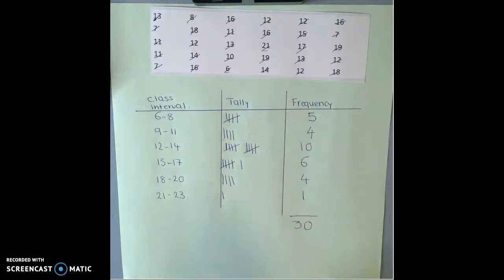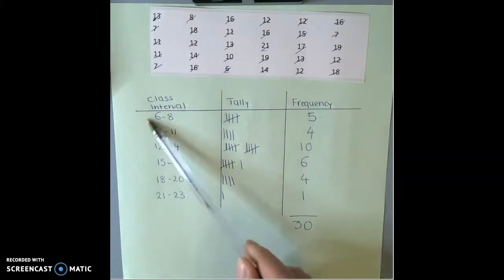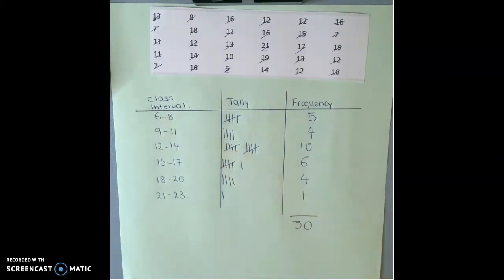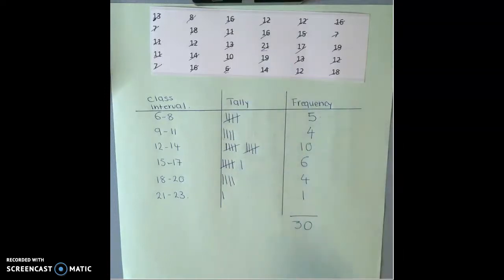So if it's 3, I start it with a multiple of 3. If it's 4, start it with a multiple of 4. So it doesn't have to start on the first point in your data. It can start with the nearest multiple. And I then cross off the data point and create a tally. And then I add them all together, all the tallies together, to get the frequency.